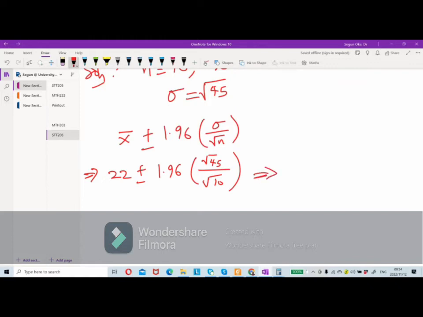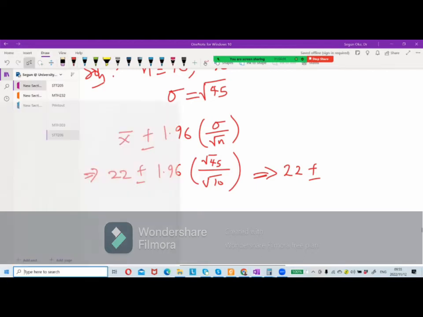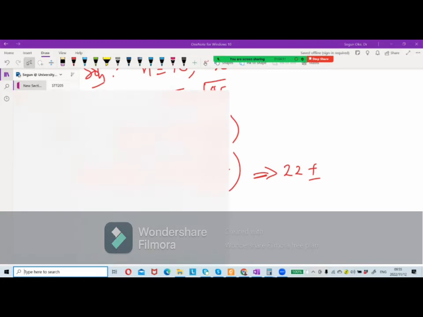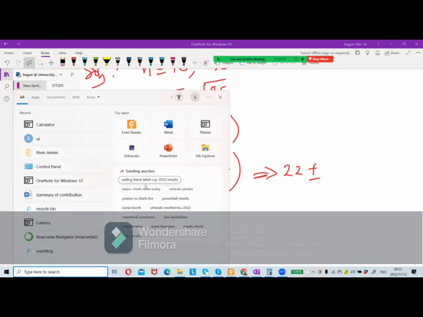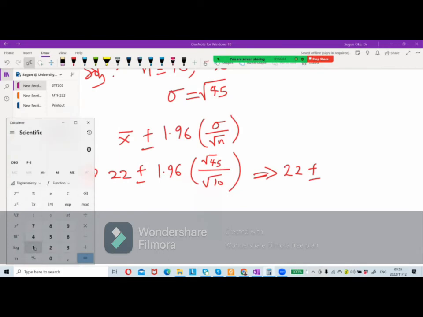So at the end of the day, what do you get, please? 22 plus or minus. Can somebody find the square root of 45 and the square root of 10, divide them together, then use it to multiply 1.96. Who is doing it, please? Okay, look at it.